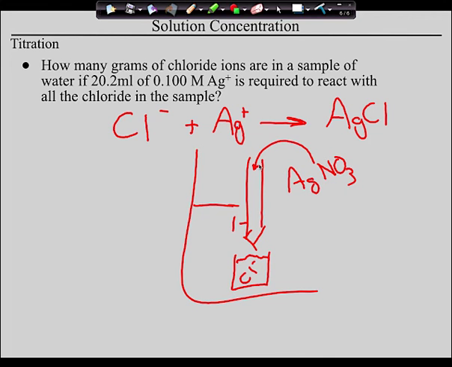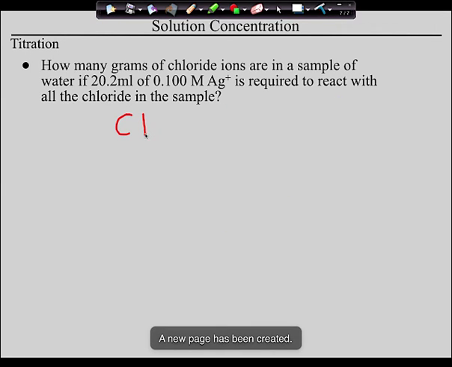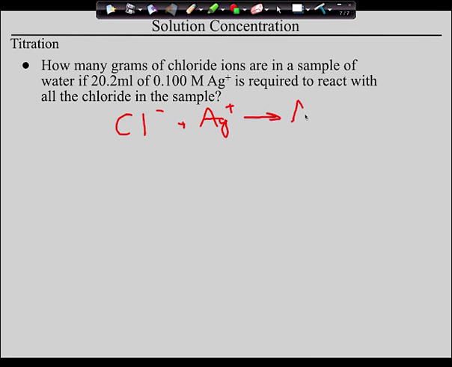You get the idea? So then the question is, if we took 20.2 milliliters of this, what mass? How many grams of chloride are down in the beaker? Okay? So again, let's clean this up. Here's our balanced equation.